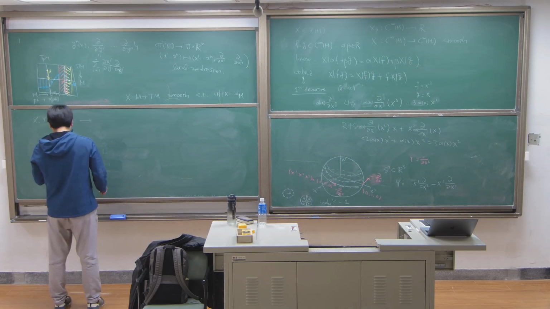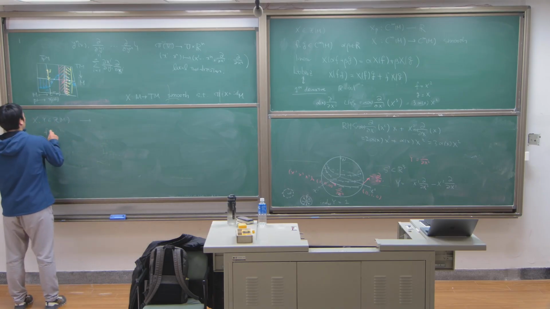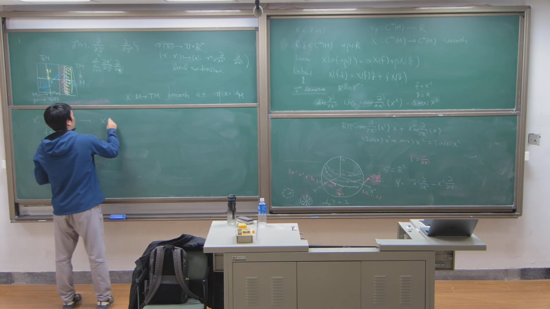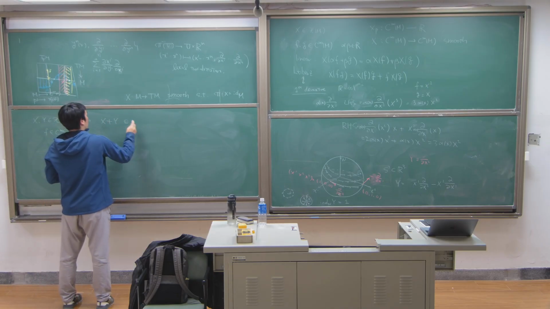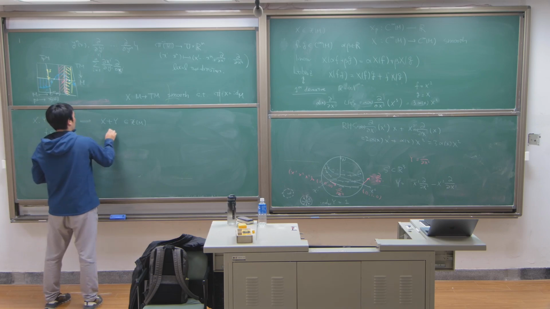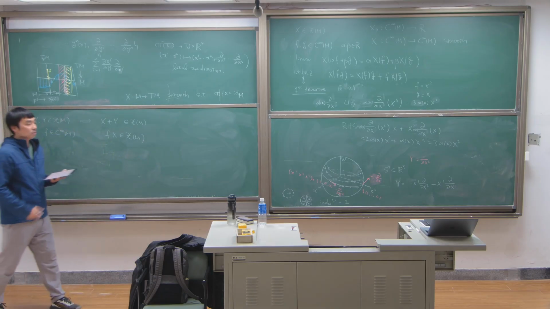And then if f is a function on the manifold, then x plus y is also a vector field, and also f times x is also a vector field. Okay, that's very easy to see.